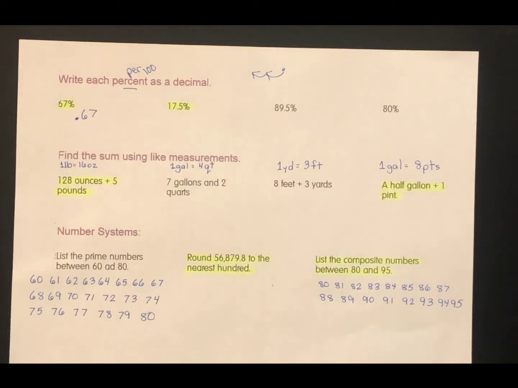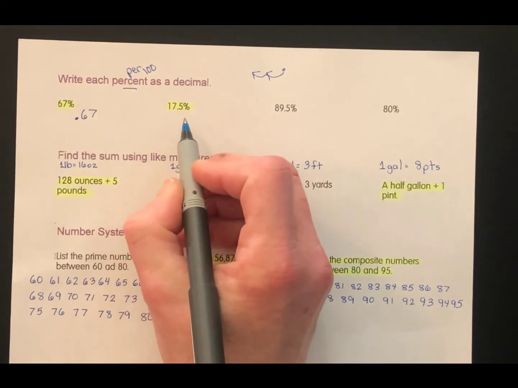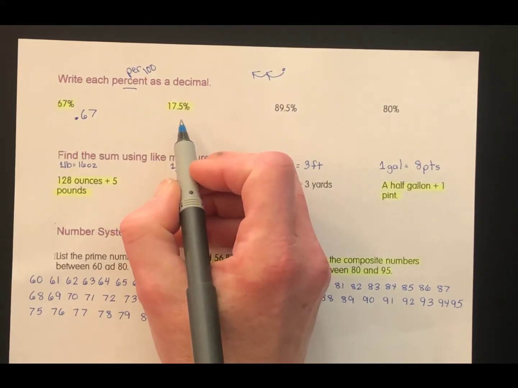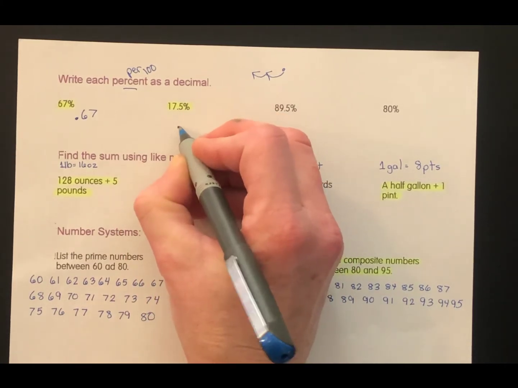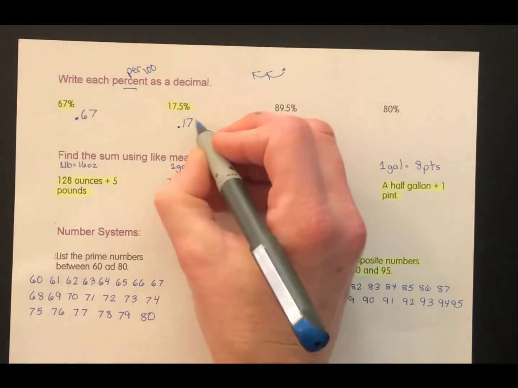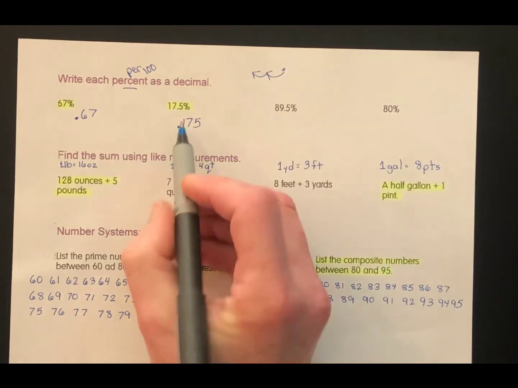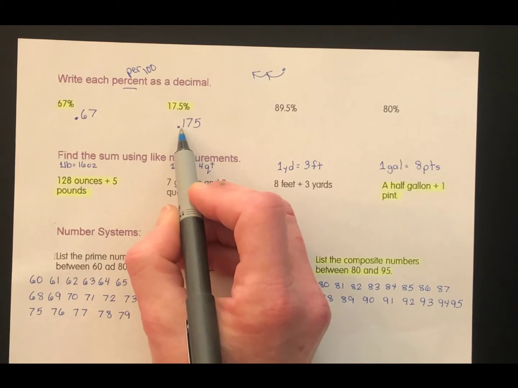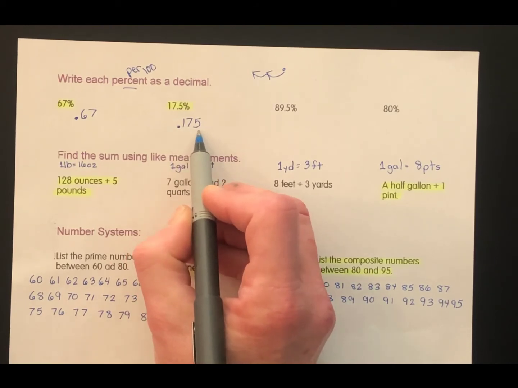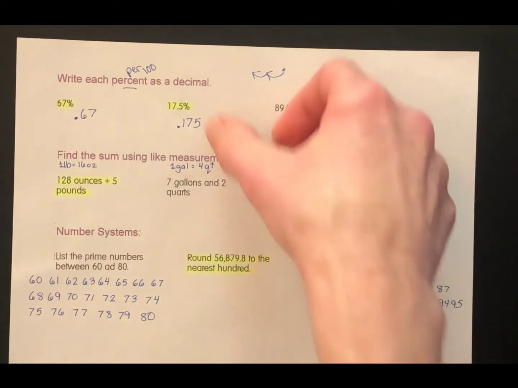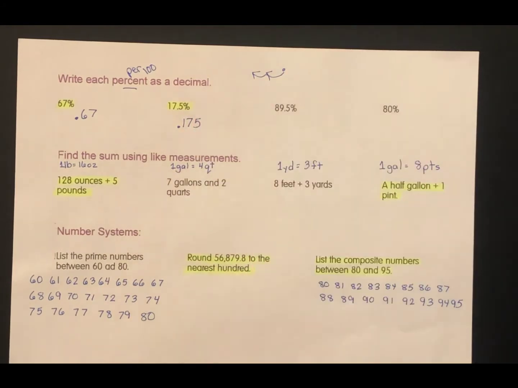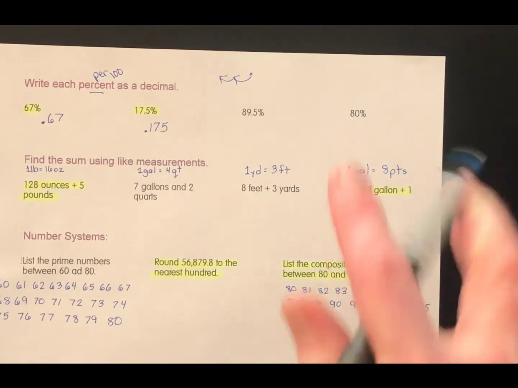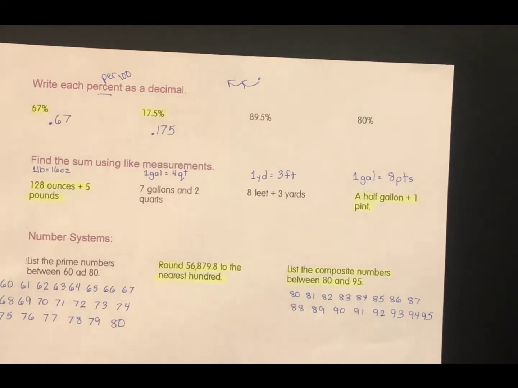For 17.5% as hundredths, it would be 17 hundredths, and then you put the little half on the end. So basically, you take that decimal, you move it over 2 places, and you get 175 thousandths, or 17 hundredths and a little more, which is what 17.5% means. You've got 2 others. Each one of those corresponds to one of these.